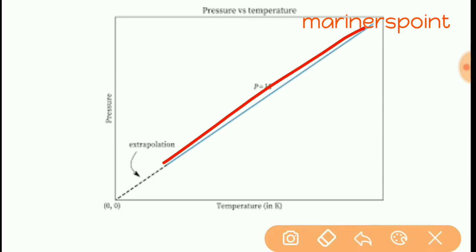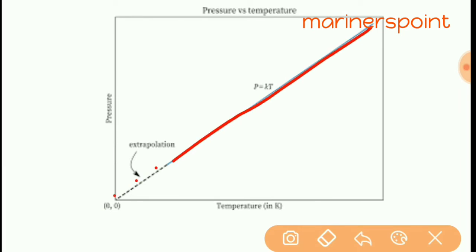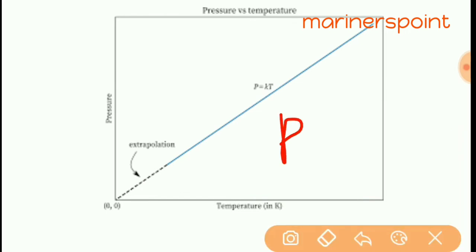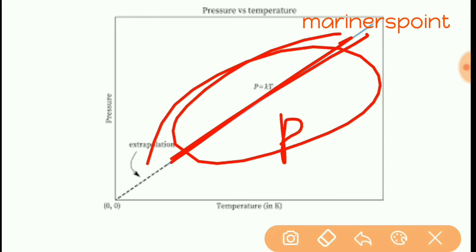I have drawn the graph from here for simplicity, but the graph is from here. This dotted line shows passing through 0, but it never starts from here, it always starts from some distance. Okay, then we will get the same graph.